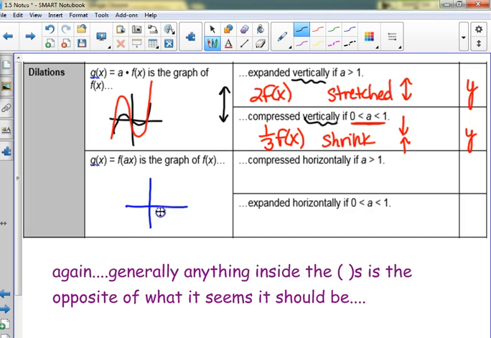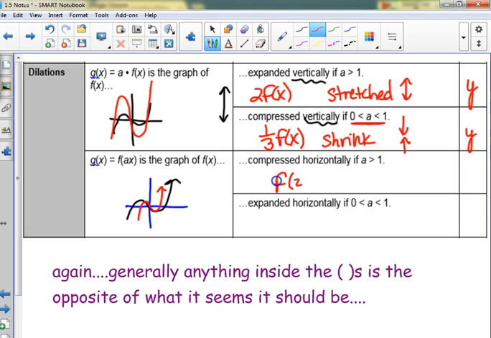If my original function looked like this, a 2 here shrinks it in like this.